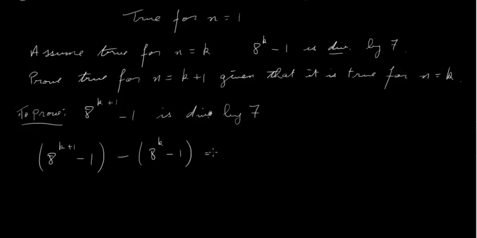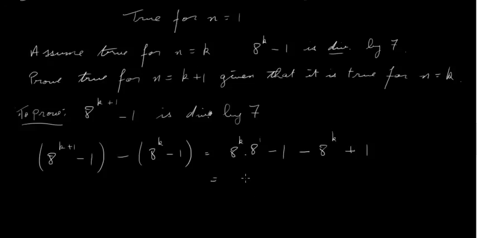So let's do that. Well, that's going to give me, let's see, I'm going to break this up into 8 to the power of k times 8 minus 1. Remember, this is 8 to the power of 1 here if you like. So 8 to the power of k times 8 to the power of 1 is 8 to the power of k plus 1 minus 1. And here we have minus 8 to the power of k, and then minus minus, which is just plus 1.